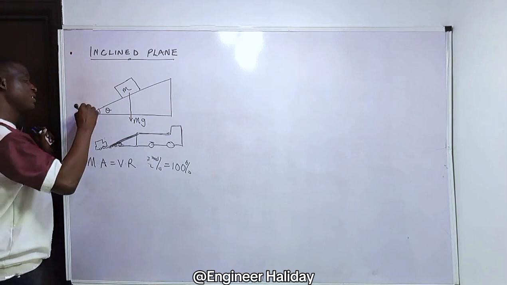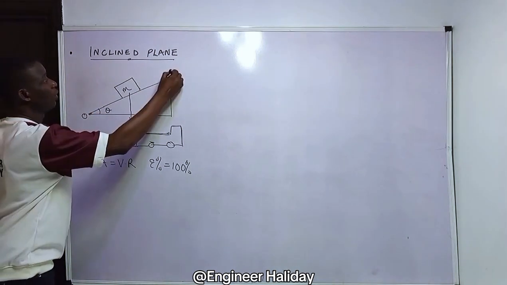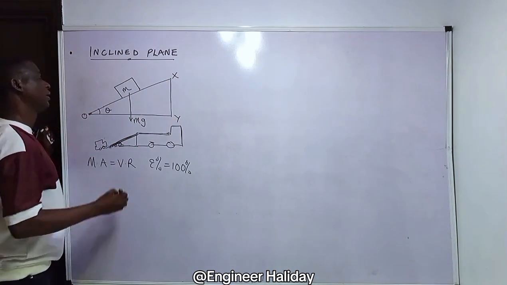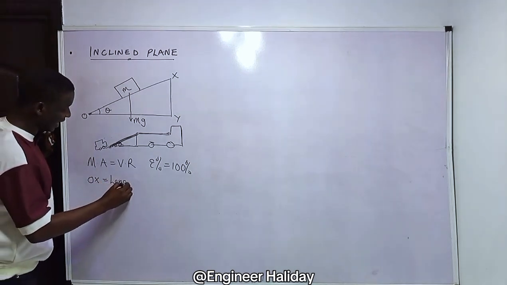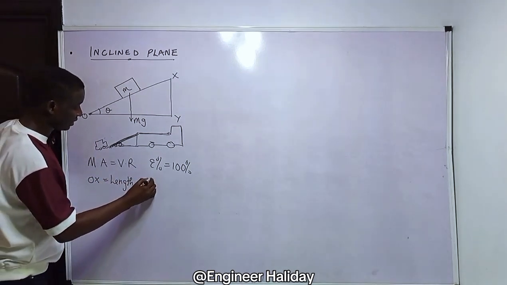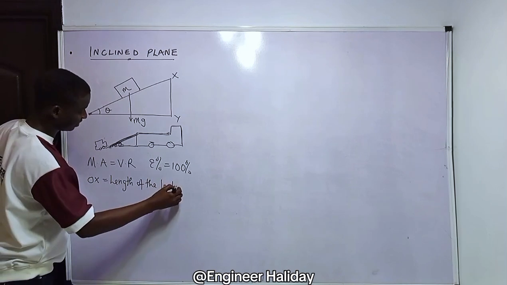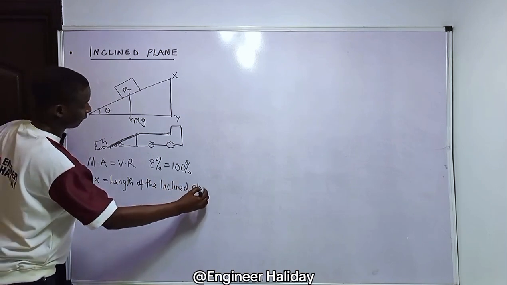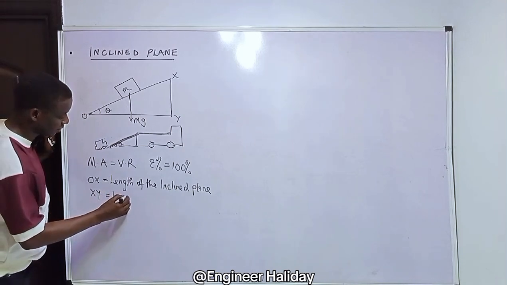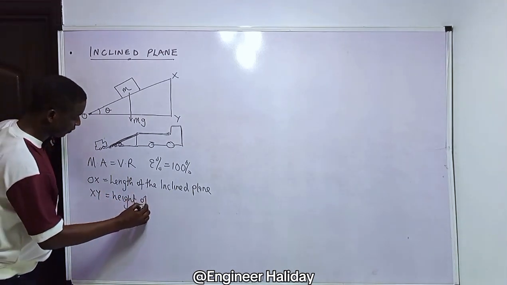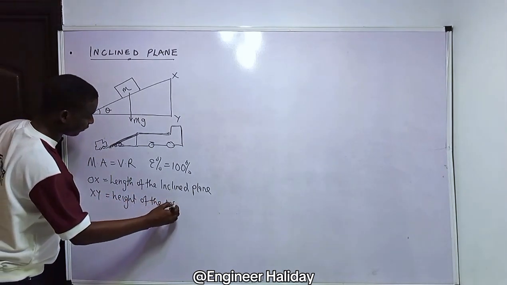Let's call this one OXY. Now OX is what we call the length of the inclined plane. Then XY is the height of the inclined plane.